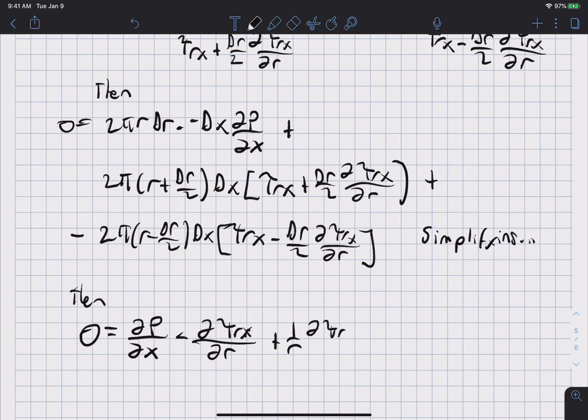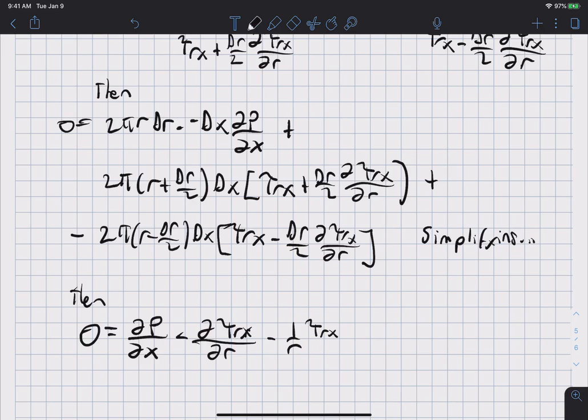Oops, that's not partial, that's just tau rx. And that's not plus, that's minus.